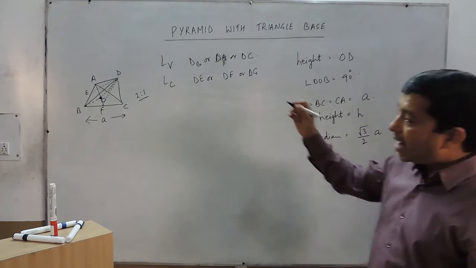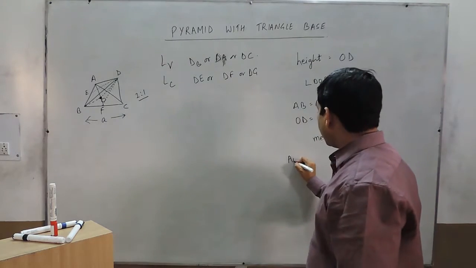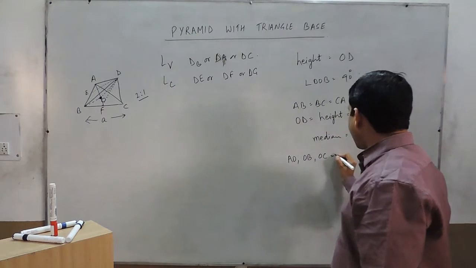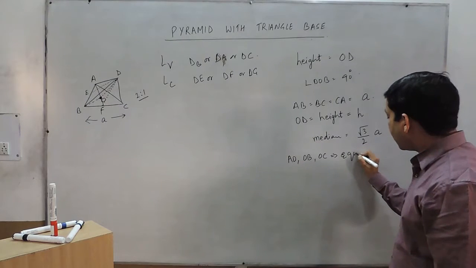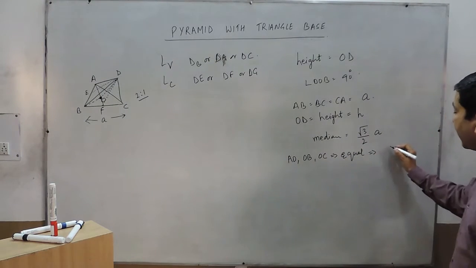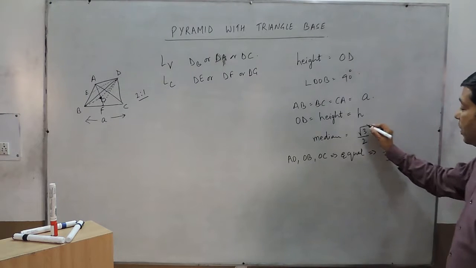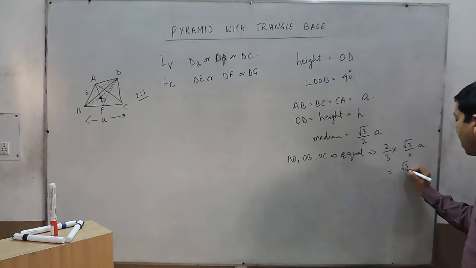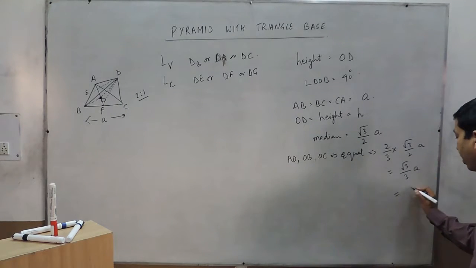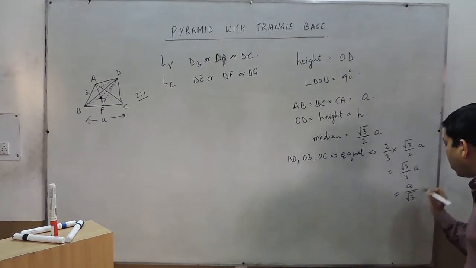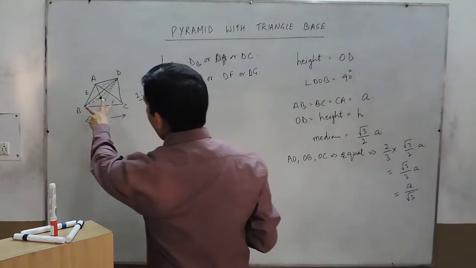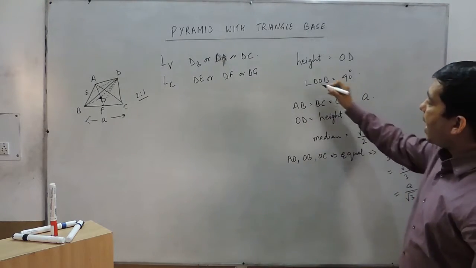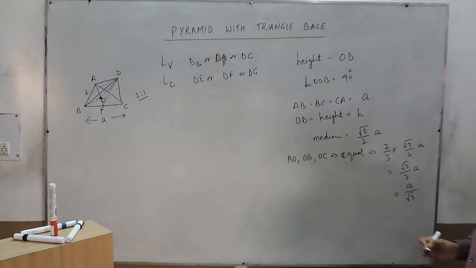So the length of AO, OB or OC are all equal, and this length is 2 upon 3 of the median, which is root 3 upon 2A. So we can write it as root 3 upon 3A, or A upon root 3. So the length of OB is A upon root 3, the length of OD is H, and the triangle DOB is a right angle triangle.